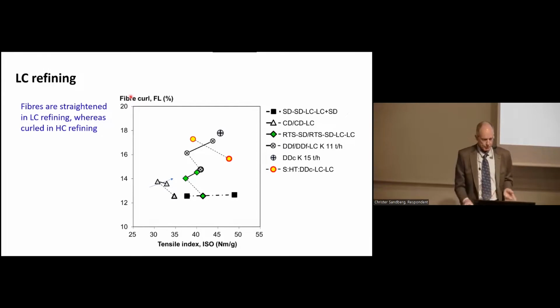And when you put the pulp through an LC refiner, you always reduce the curl, which almost always leads to increased tensile index just by making the fibers straighter, they conform better, densify more, and you increase the tensile index. So this seems to be an important aspect of low consistency refining, that the fibers are straightened. Whereas in high consistency refiner, usually the fibers become more curly.